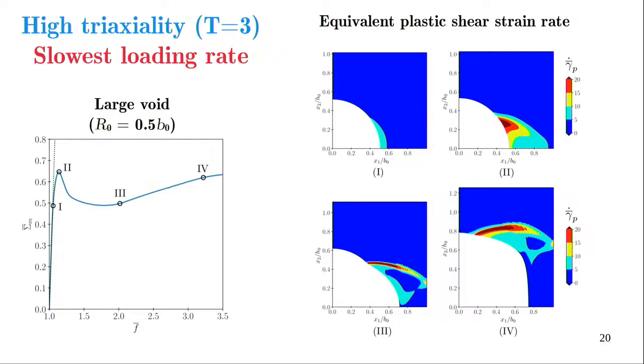This is the larger void. In the larger void, again we see a similar kind of local plastic deformation, but because this ligament has become small, now this plastic deformation goes across the cell. You can imagine there is a cell along this also, because it is a periodic boundary condition. So now the whole ligament is under plastic deformation, and this plastic strain grows as a shear band throughout this ligament, and ultimately the whole ligament stretches and is under uniaxial deformation.